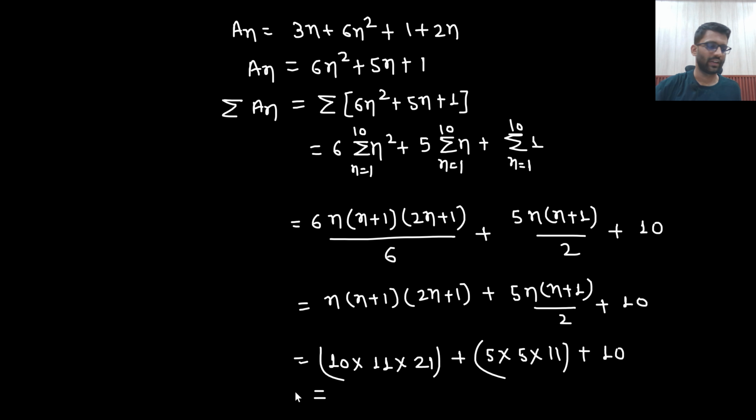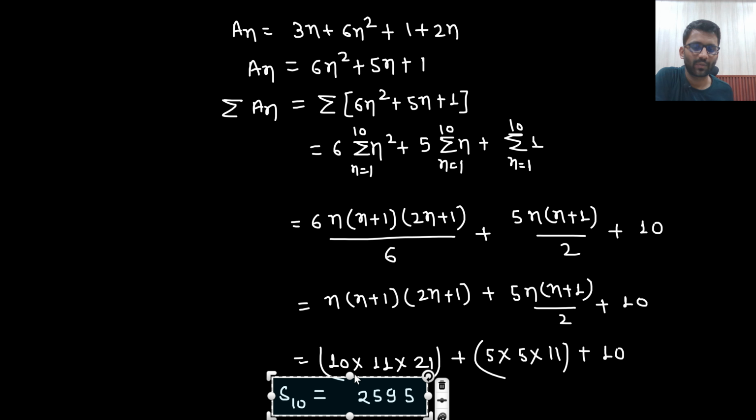So let's check what we get. Into 10, plus 55 into 5, plus 10, 2595. So this is the summation for 10 terms.